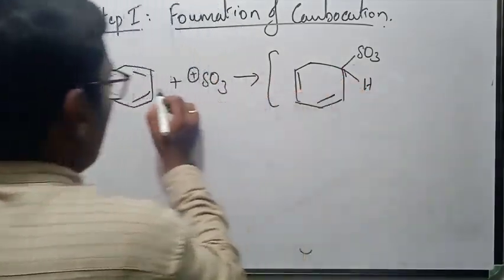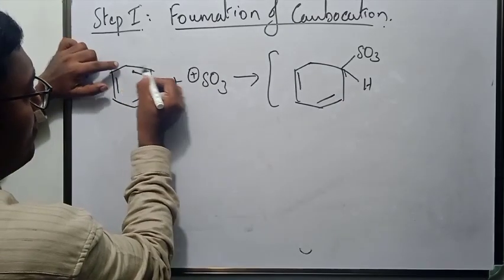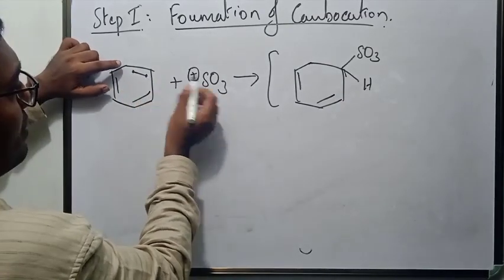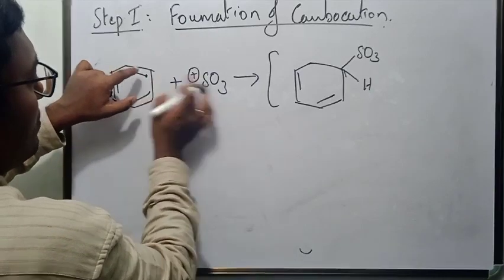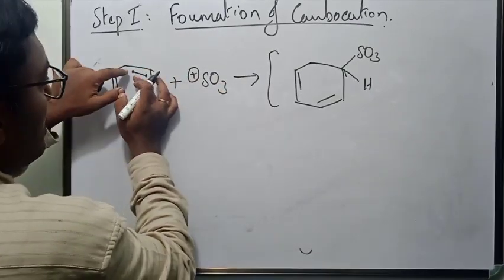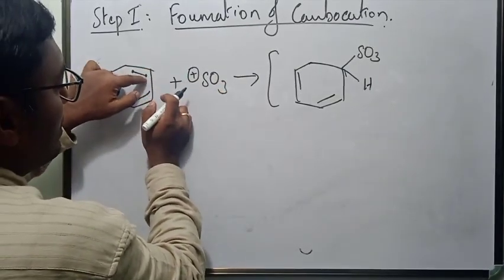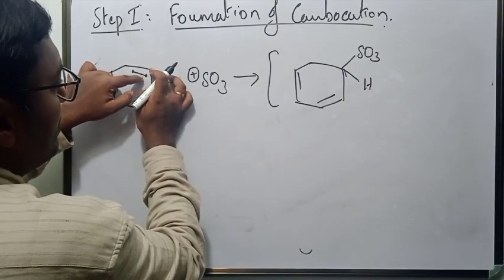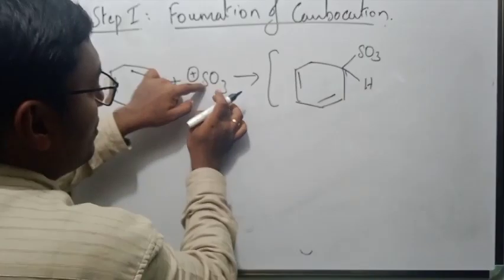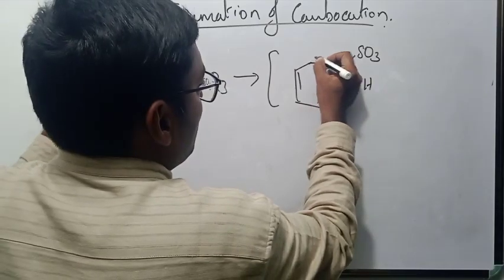Now, a bond is made up of 2 electrons. The electrophile took this electron, while the other electron remained with this carbon. So the loss is with this carbon.